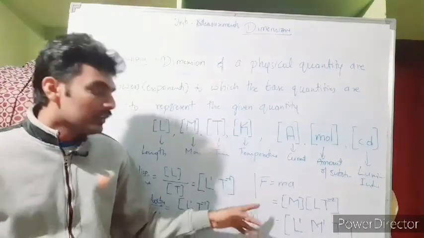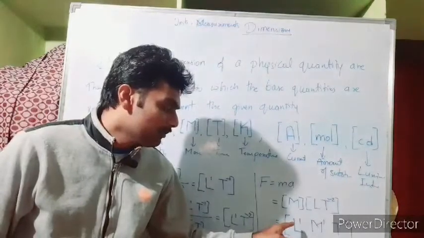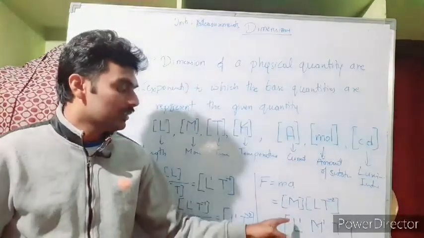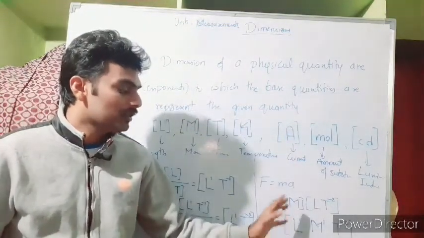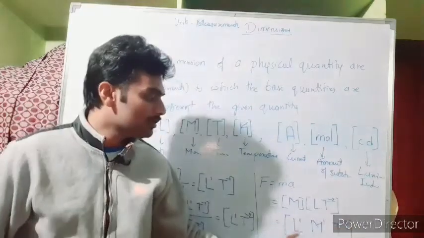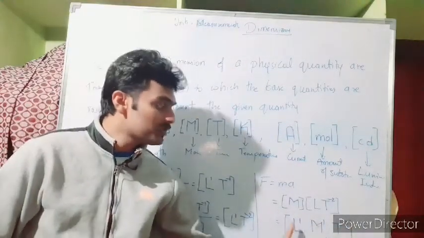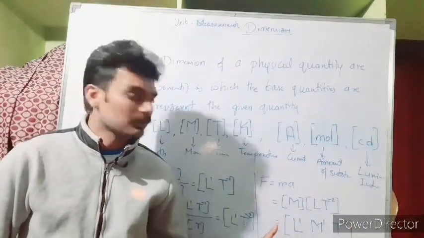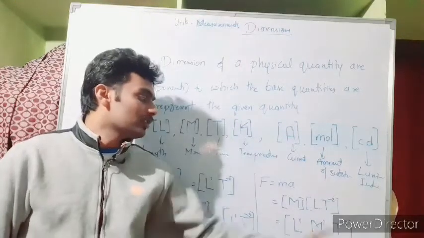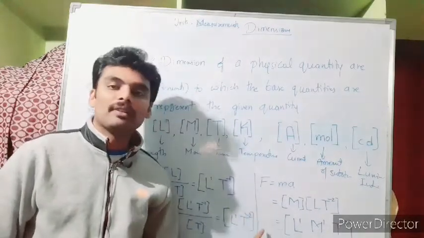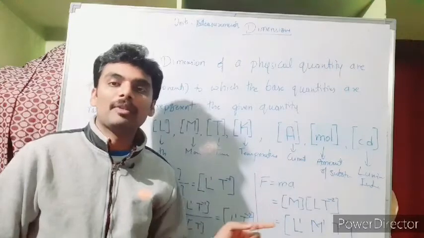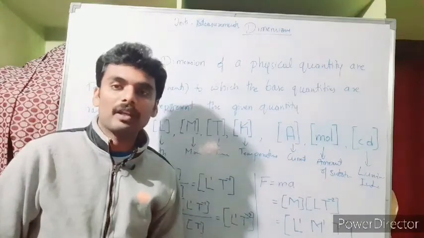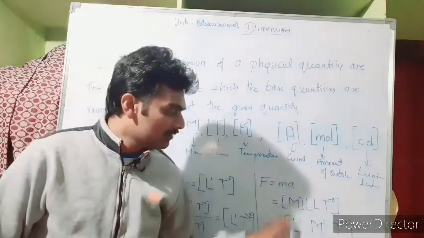This is the expression which shows how and which base quantities are used to get the dimension of a given physical quantity. It is called dimensional formula. This itself is the dimensional formula.